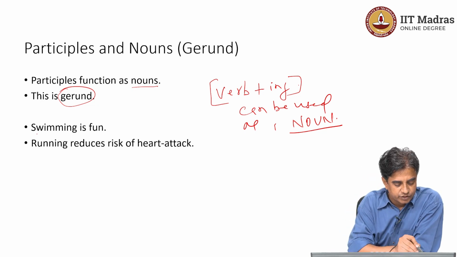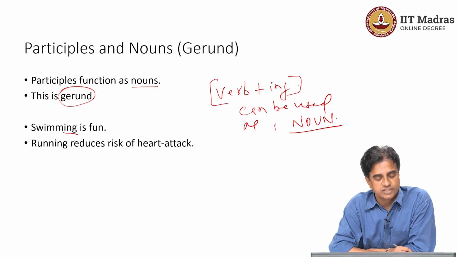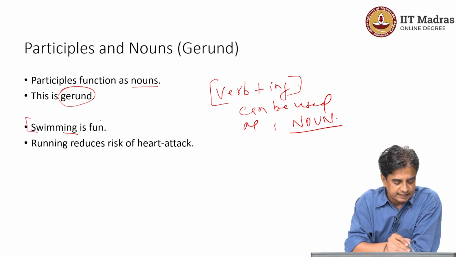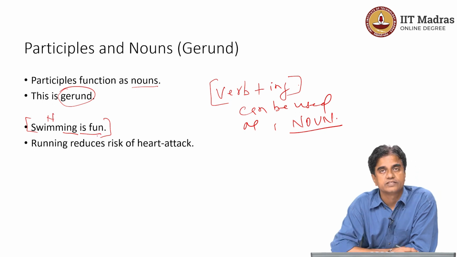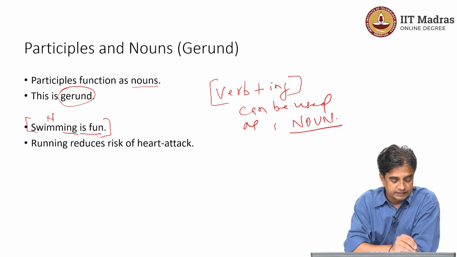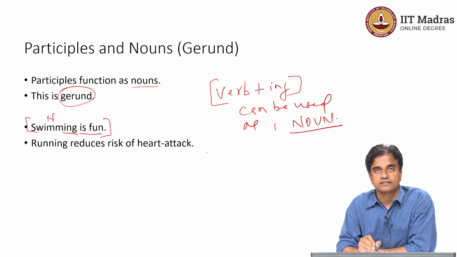So look at this. A very simple sentence like: swimming is fun. Here the verb swim has an ing, but in this sentence we can say this is a noun and this is the predicate. Swimming is fun. Running reduces risk of heart attack.